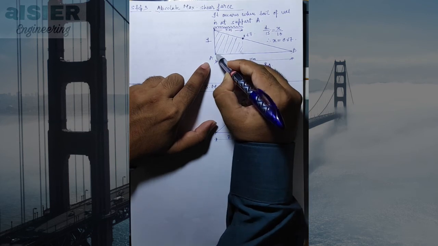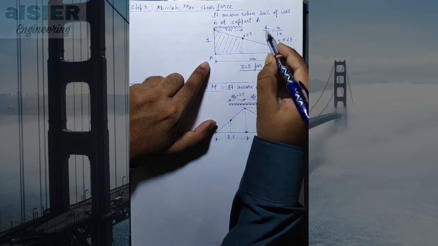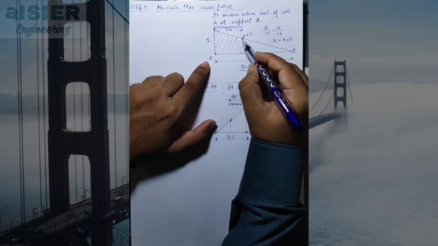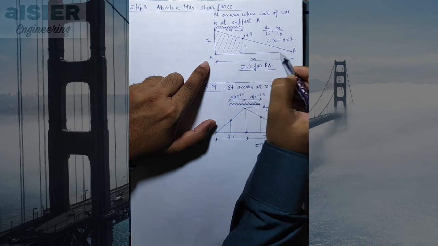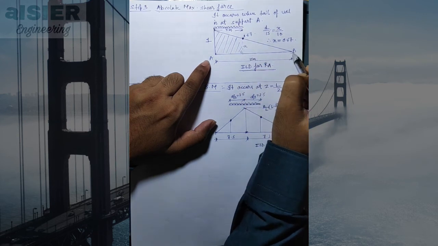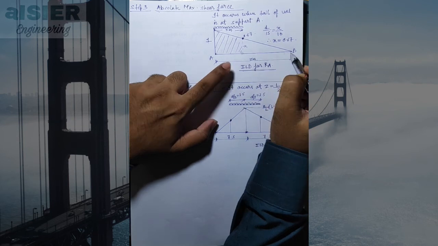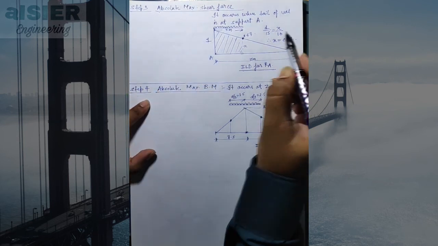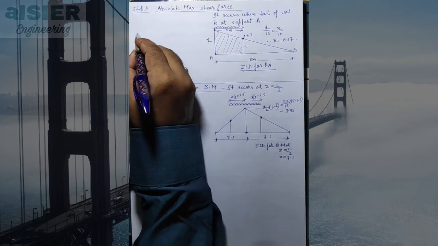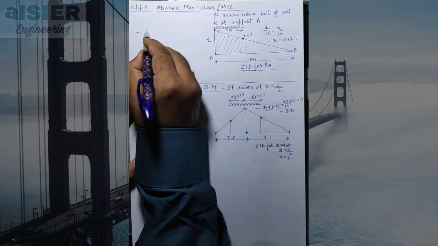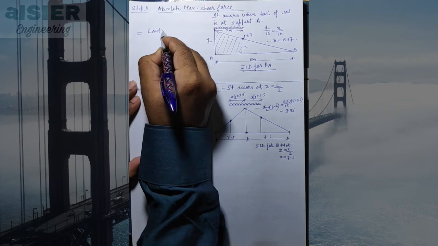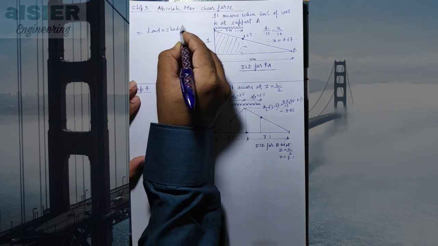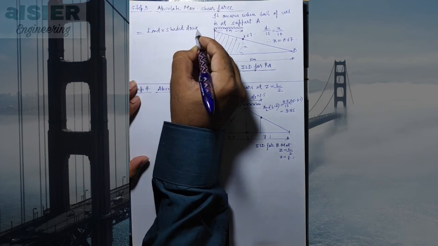So height of larger triangle is 1 and base is 15. So 1 upon 15. And height of smaller triangle is x and base is, now this is 15. This is 5. So remaining will be 10. And here we will get x is equals to 0.67. Right? So absolute maximum shear force will be load into shaded area, right?